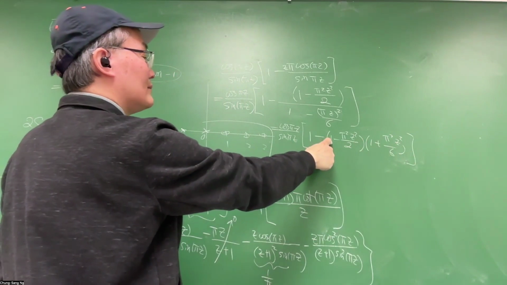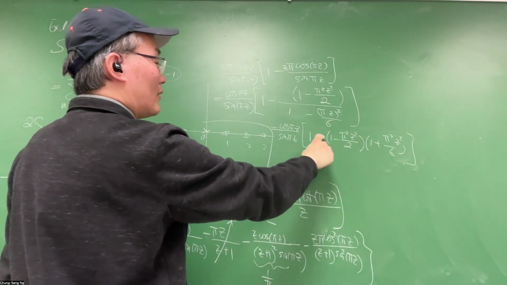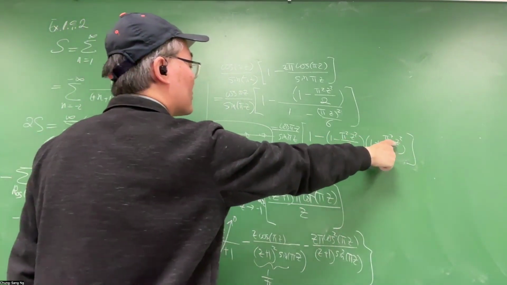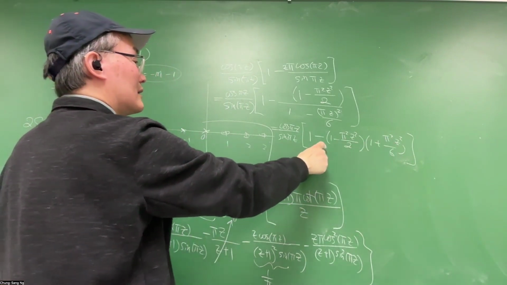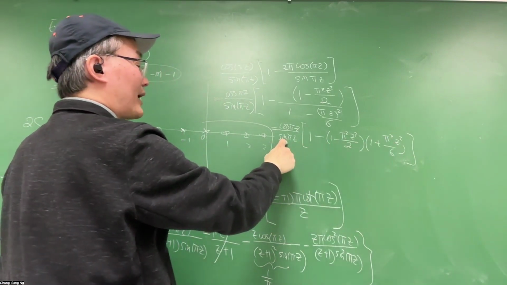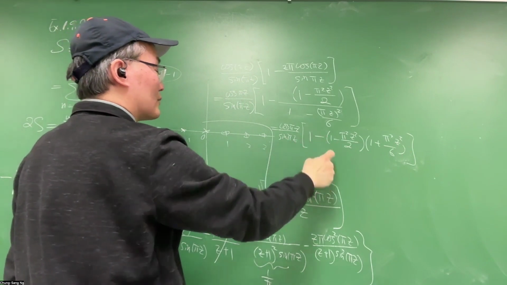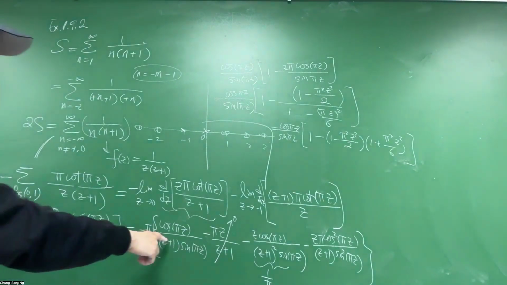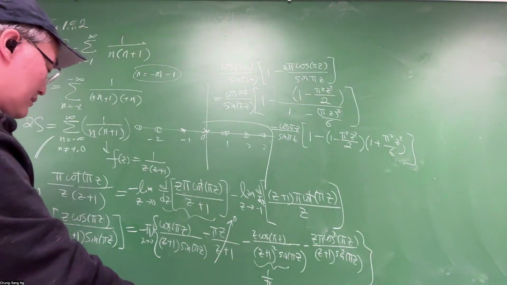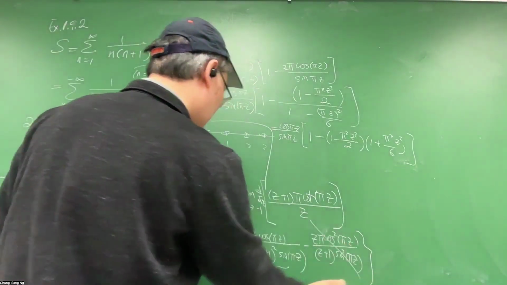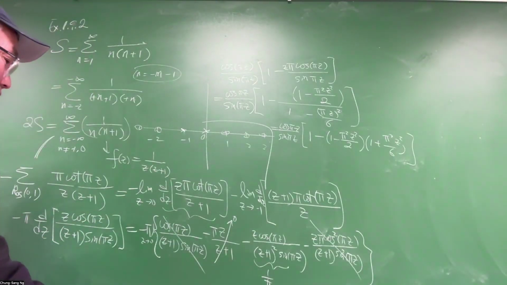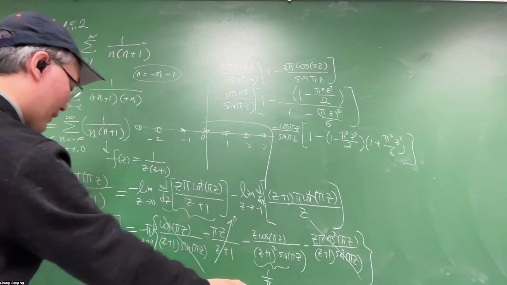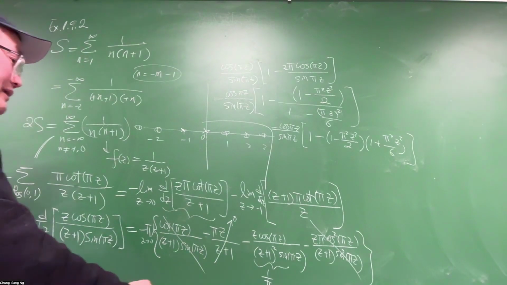Okay, cancel with the 1. So you only have the second order terms in z squared, and then this is pi z. So it looks like for this term, these two terms actually combine to 0. So all that is left is minus 1 over pi and minus, so this is pi.